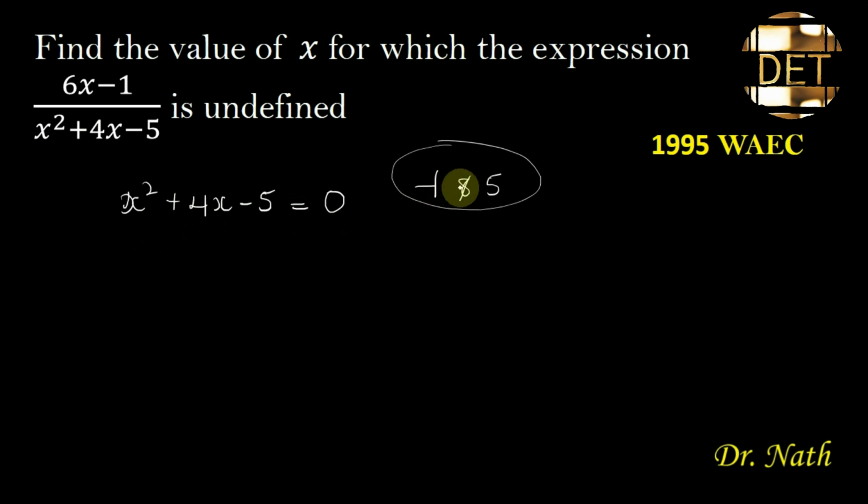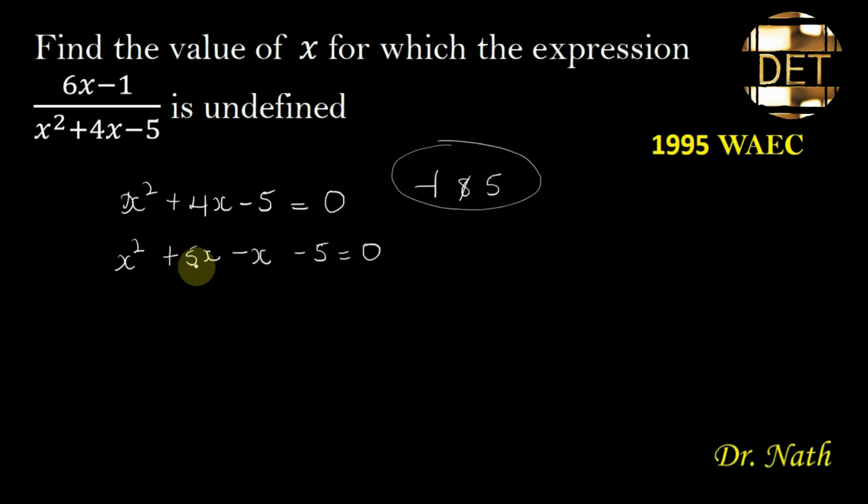So instead of writing 4x here, I will use these values to replace the 4x. My expression now will be x squared plus 5x minus x minus 5 is equal to 0.